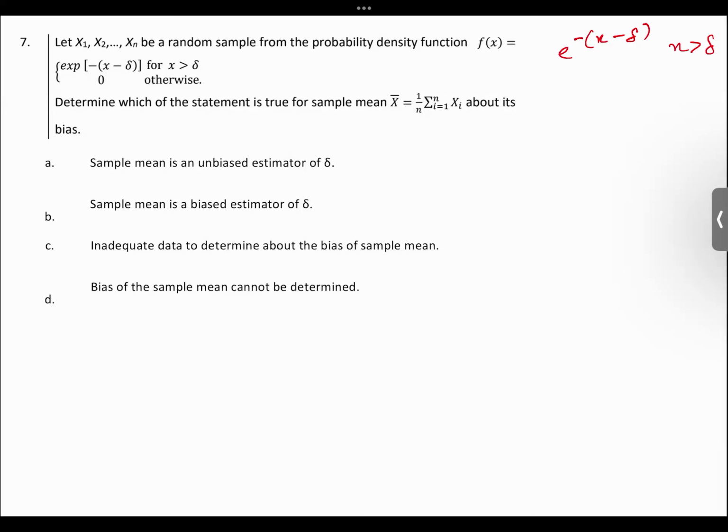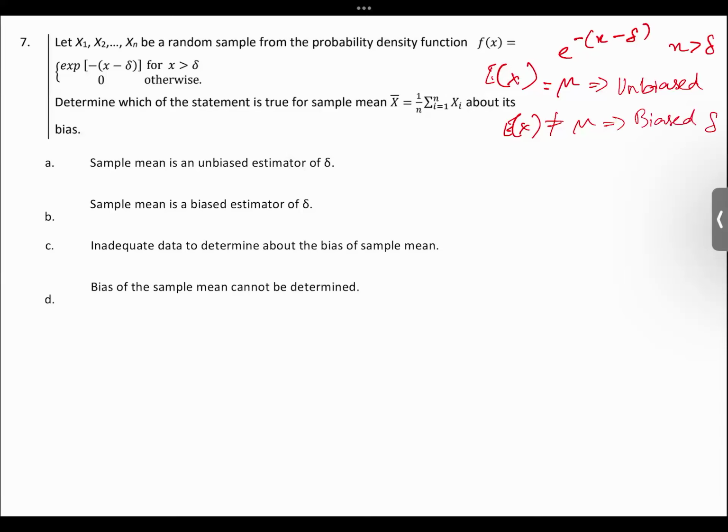For the sample mean, we need to calculate the expectation of x. If expectation of x is equal to the parameter, this means that it is unbiased. But if expectation of x is not equal to it, the sample mean is a biased estimator of delta.